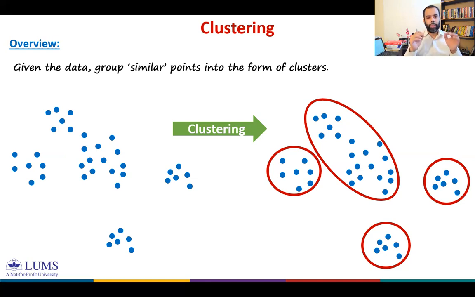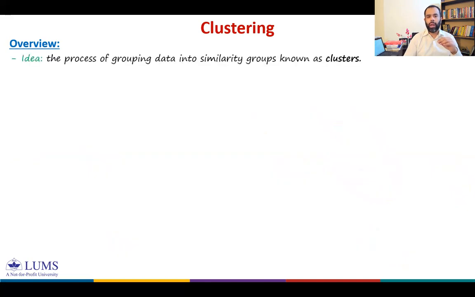We want to group similar points into the form of clusters. So that is the objective of clustering. The idea is we want to group data into similarity groups, and we will refer to these similarity groups as clusters.